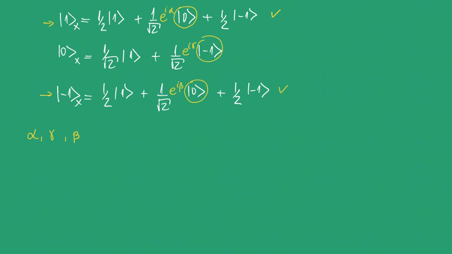To find a relationship between alpha and beta, I'll use the fact that these kets, ket 1 subscript x and ket minus 1 subscript x, are orthogonal. And then, mathematically speaking, it means this inner product is equal to 0. Let's perform this calculation and find the relationship between alpha and beta.